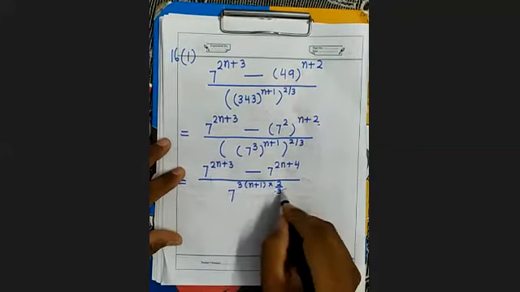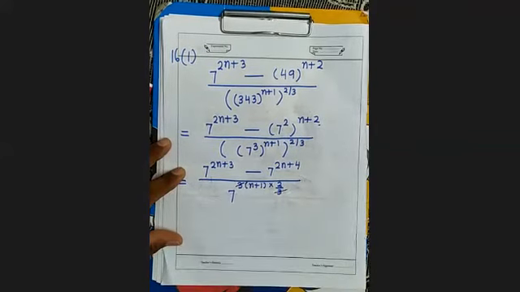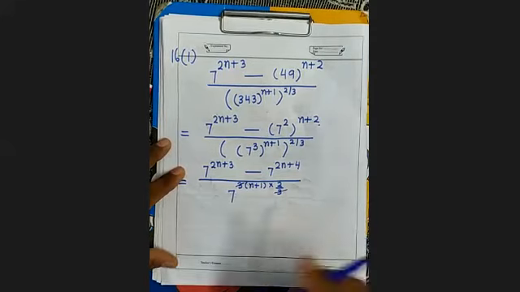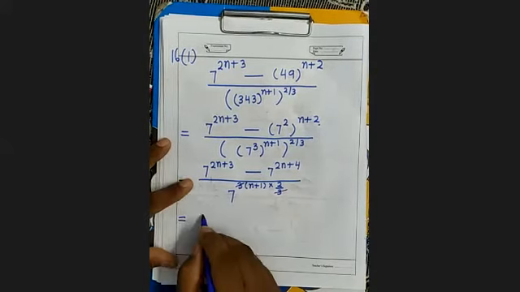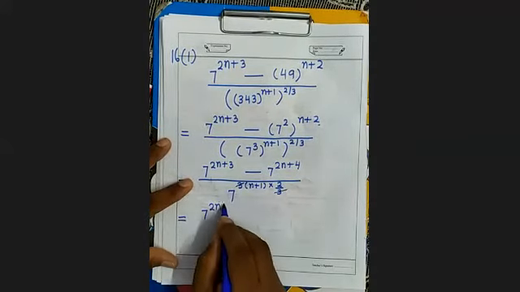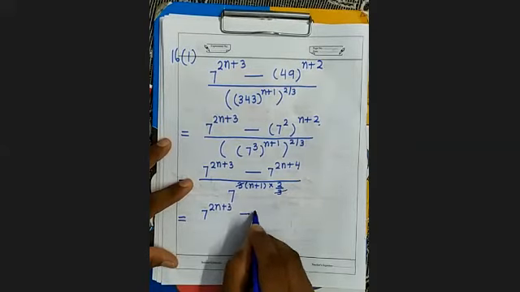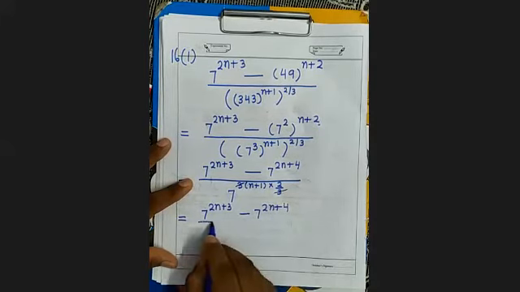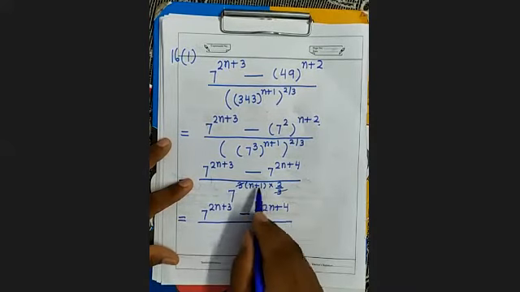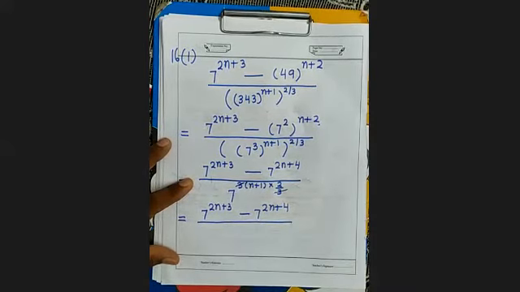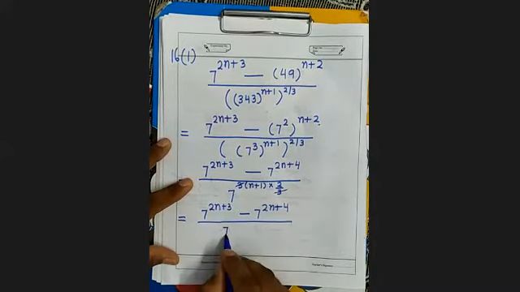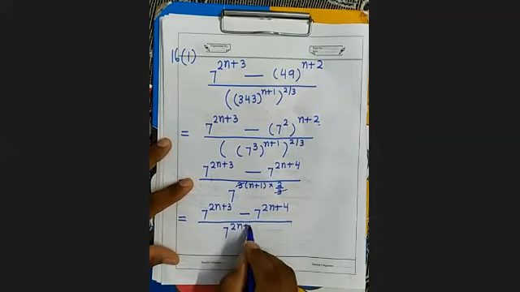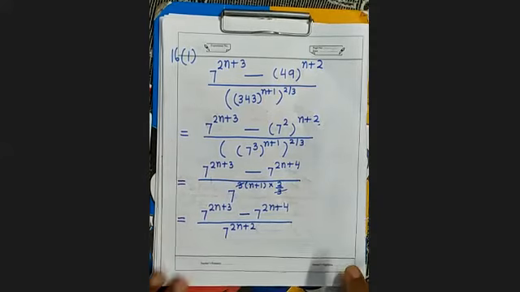So 3 and 3 cancel. What will you get? 7 to the power 2n plus 3 minus 7 to the power 2n plus 4. And in the denominator, n plus 1 into 2 means 2n plus 2.